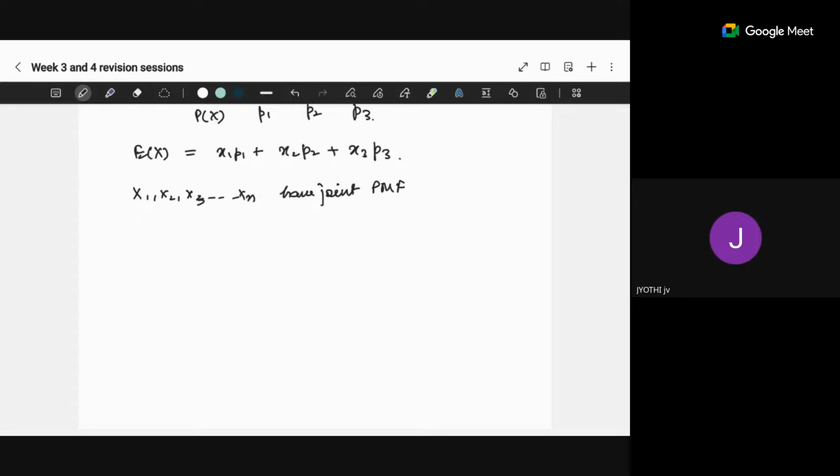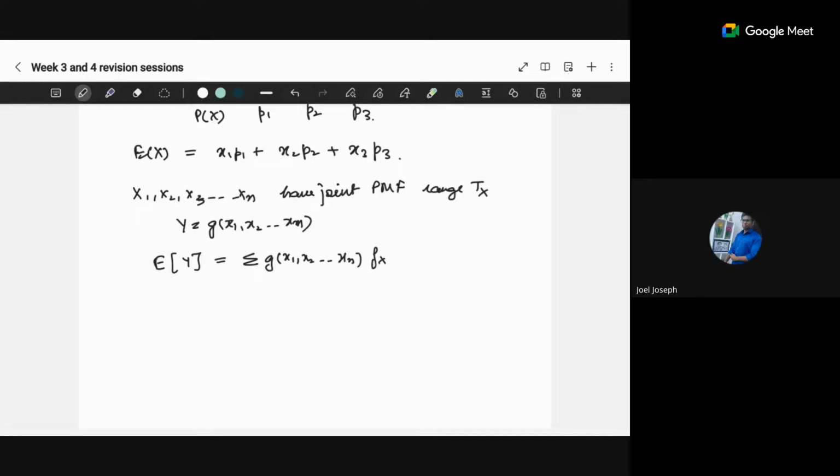Now let's suppose I have a function y, which is a function of all the values of x. If I have to find the expectation of y, it is basically the summation of g of x into the probability of x, or you can say the PMF of x.